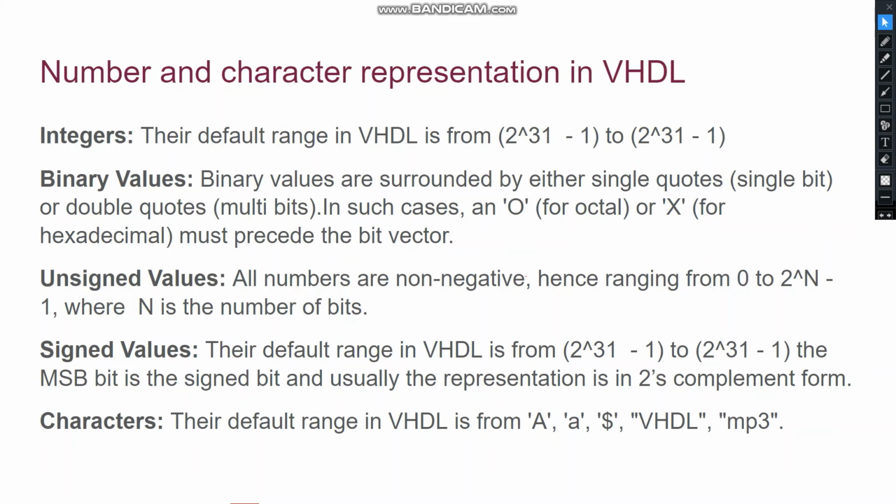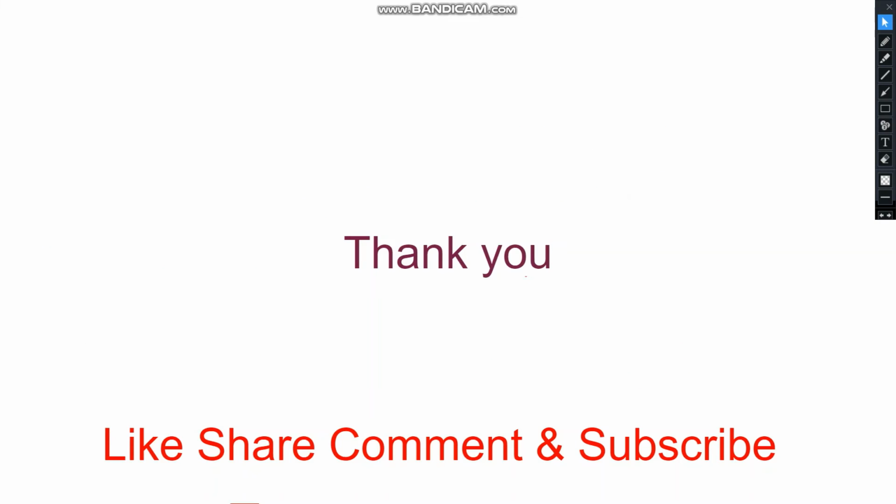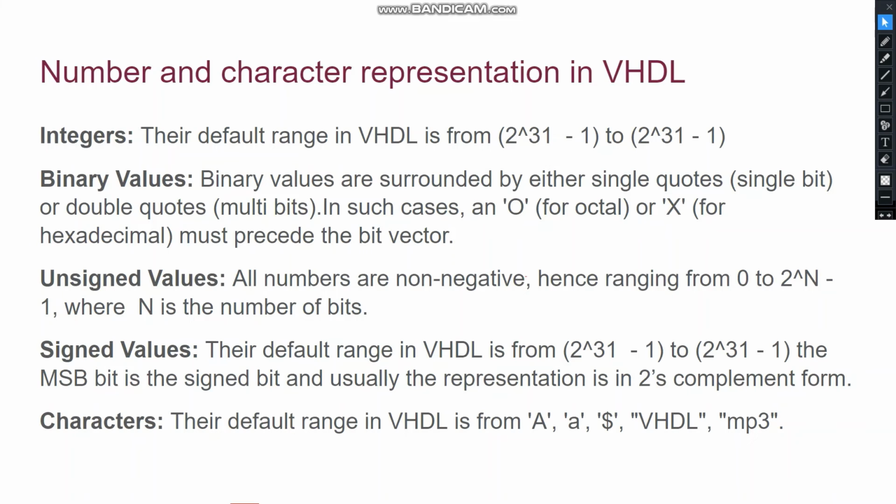What is a binary value? Your zeros and ones are a binary value. If you have to write a zero, you write a zero, and if you have to write a one, you write a one.